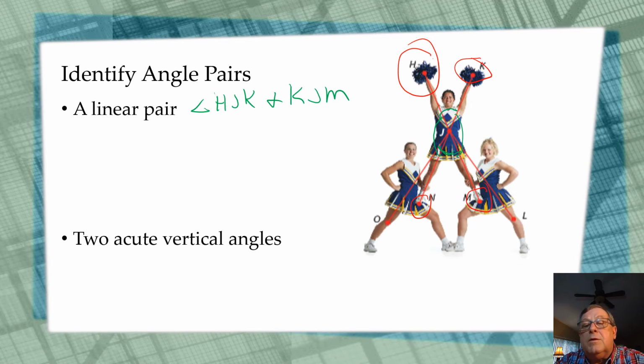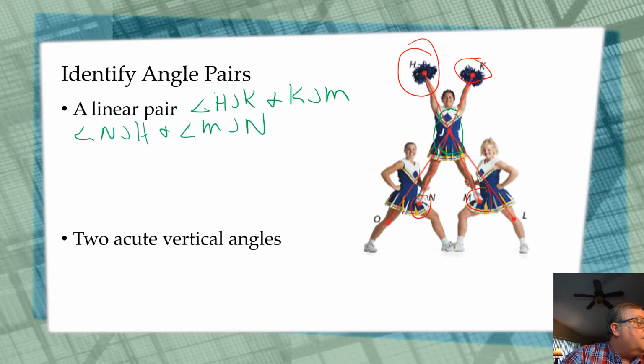So let's see, what did we say that was? Angle NJH and angle MJN. Those two form a linear pair.